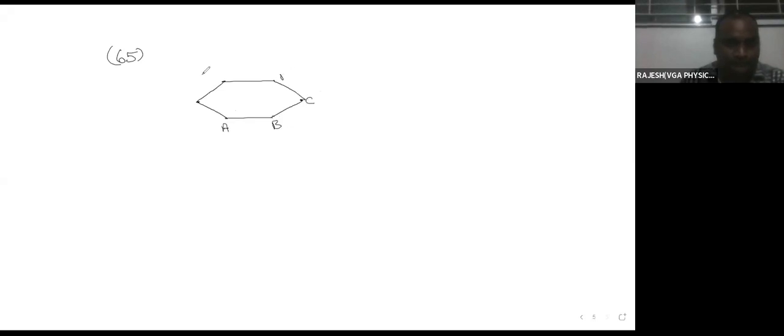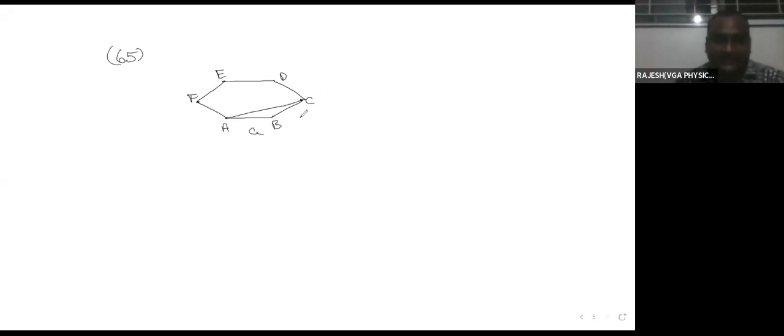That is the 65th problem. So for a regular hexagon, what is this diagonal?